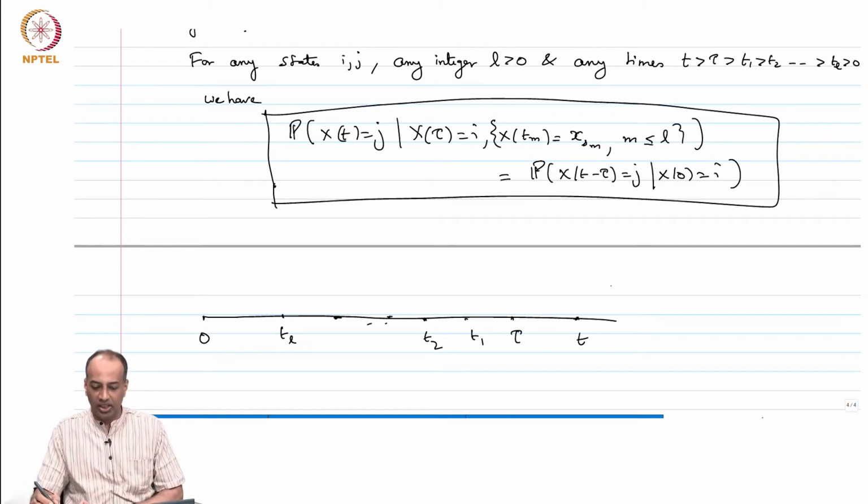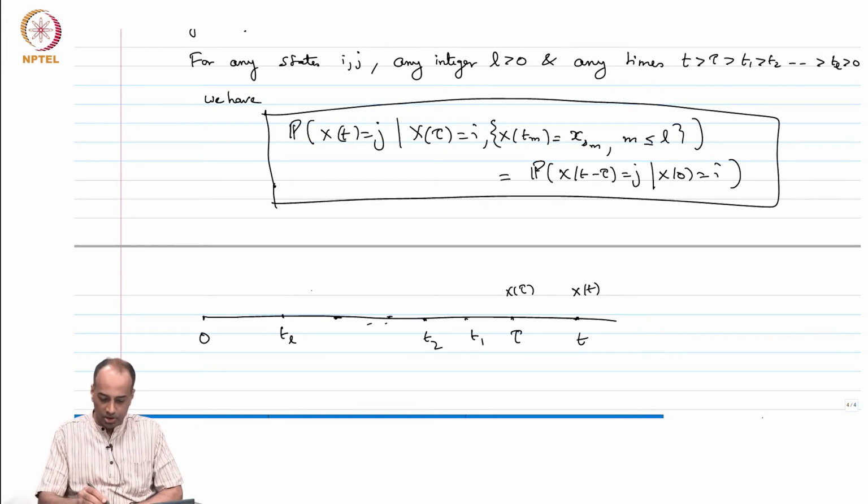I am looking at the probability that X(t) equals j, so this is X(t), that is X(tau), and then you have a whole bunch of the process in various states, X(t2) and so on. We are looking at the probability that X(t) equals j given X(tau) equals i and a whole bunch of values for these states.